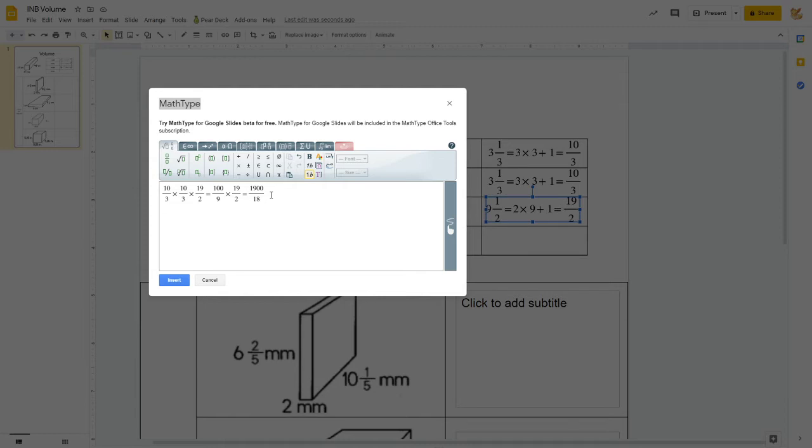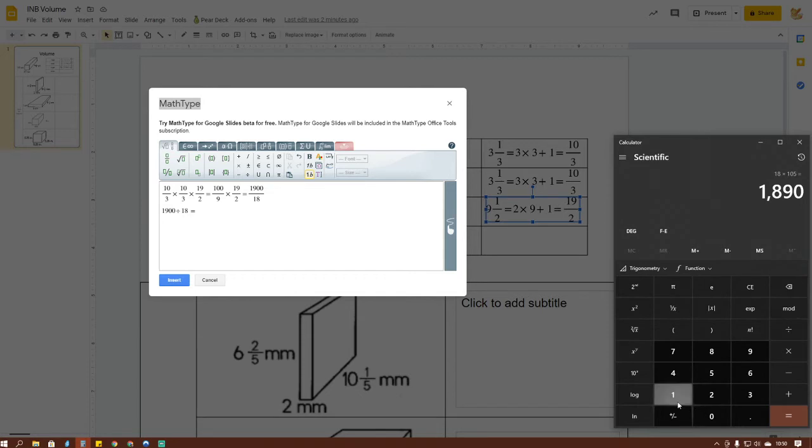Now I'm going to bring that down here because now we need to figure out how many times 18 can go into 1900. And there's no calculator here, right? Okay, that's not a calculator. So I'm going to pull up my computer's calculator. What's 1800? No, not 1800.